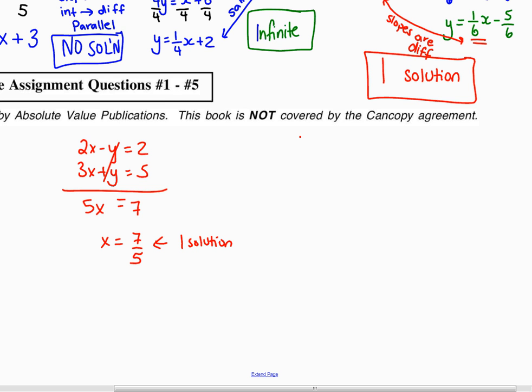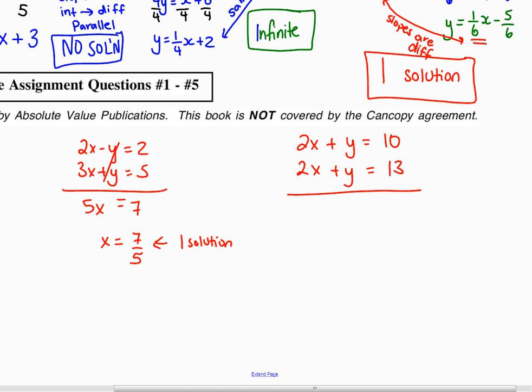What happens is if you have a situation like this, okay? These two lines, if you actually rearrange them, they're parallel lines. They're going to have the same slope, different y-intercept. And so parallel lines are going to have how many solutions? None.